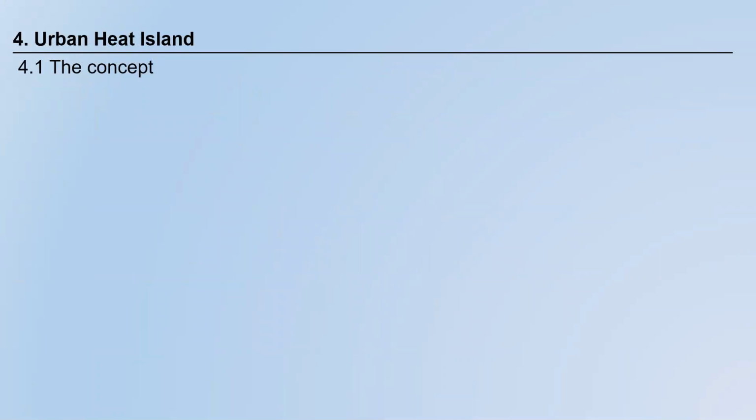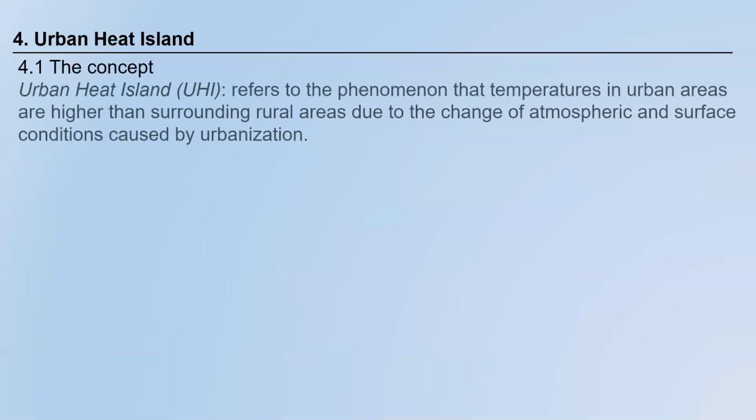Okay. So the fourth part of this lecture is about urban heat island. It's one of a lot of topics when people are trying to use remote sensing to address urban areas. So what is the concept here?